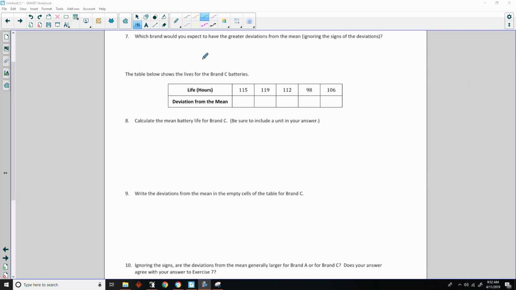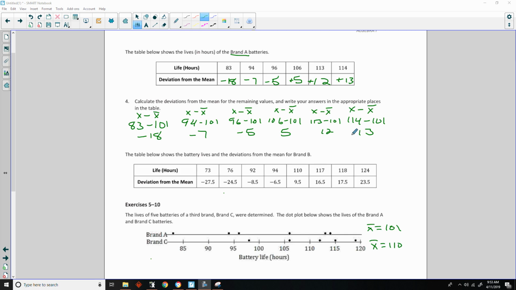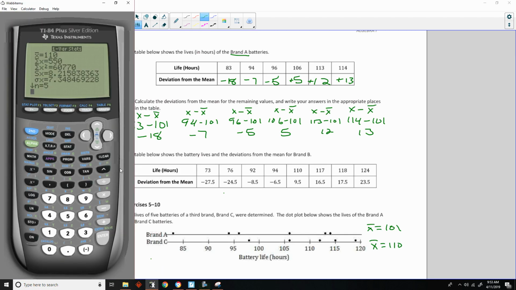Number 7. Which brand would you expect to have the greater deviations from the mean, ignoring the signs of the deviations? Which brand would you expect to have the greater deviations from the mean? Okay, so if I get my calculator out now, and I want to do deviations from the mean, I go back into my lists, and now I want to find out what L3's deviations are, so I arrow over to L4, arrow up, and it says L4 equals, I want it to be L3 minus the mean, which was 110.